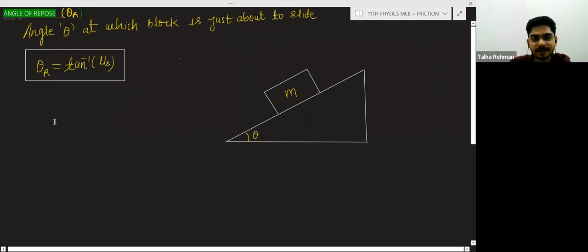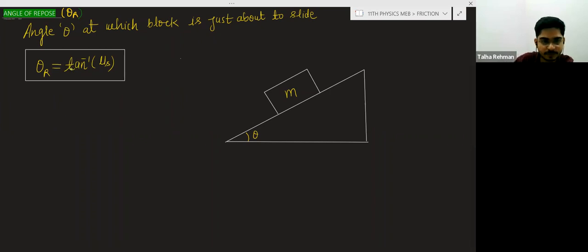Angle theta at which the block is just about to slide, and this is the relation: angle of repose is equal to tan inverse mu s. Remember this point. It is not very, very important, but we will use this in questions.